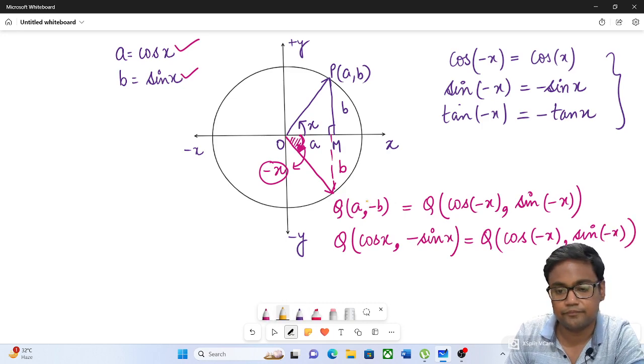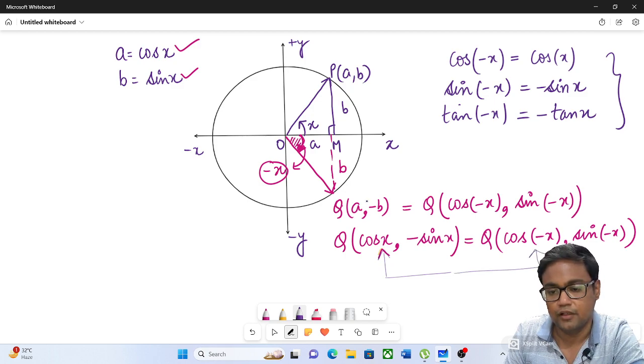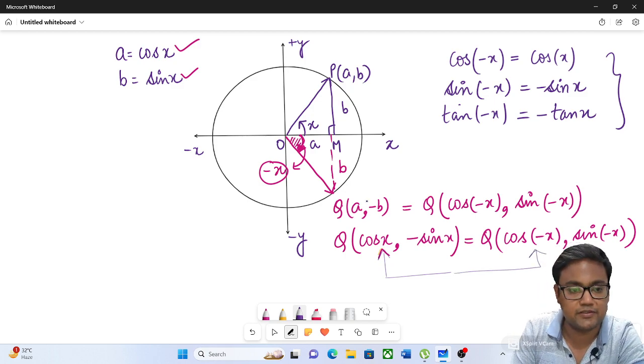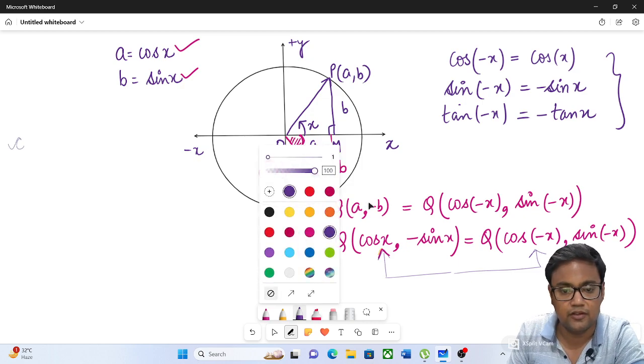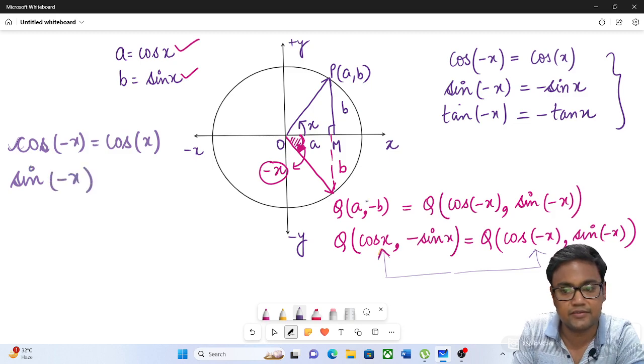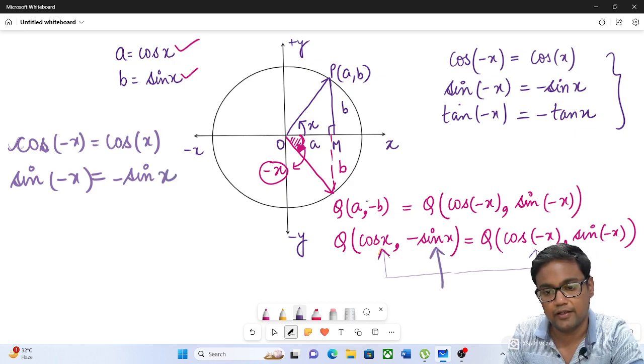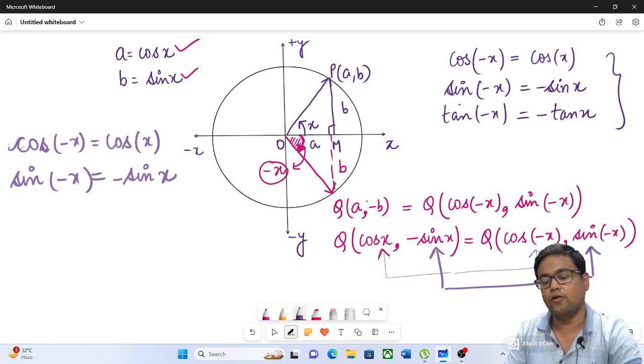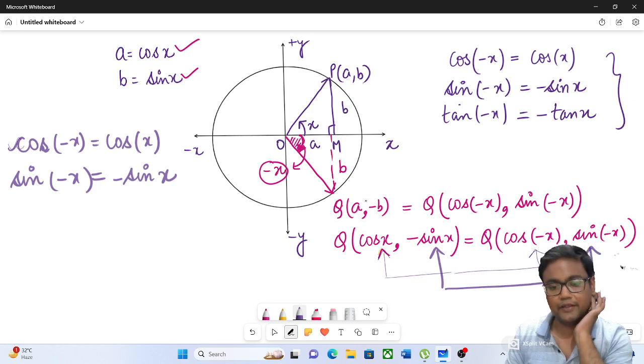So, now you can see by drawing the resemblance between these two abscissas, by equating these two abscissas which I have highlighted with the help of an arrow, children, I can write that cos of minus x is equal to cos of x, I hope that is clear to you, and sine of minus x is equal to minus sine x. This is what I have written after equating or comparing the ordinates of both these ordered pairs, right.